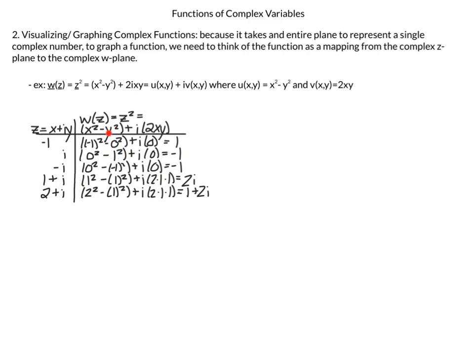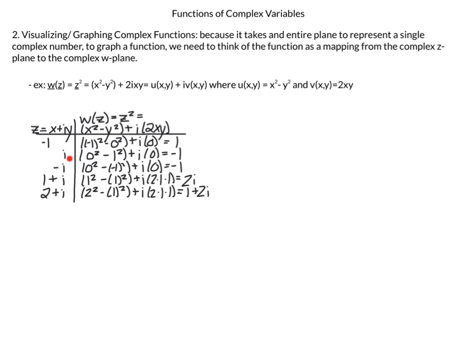When you plug in y, sometimes I'm tempted to plug in an i, but really you want the coefficient in front of the i, which is 1. So it's the 1 you are squaring, not the i, because in x plus iy, y is a real number. It's the coefficient in front of the i.